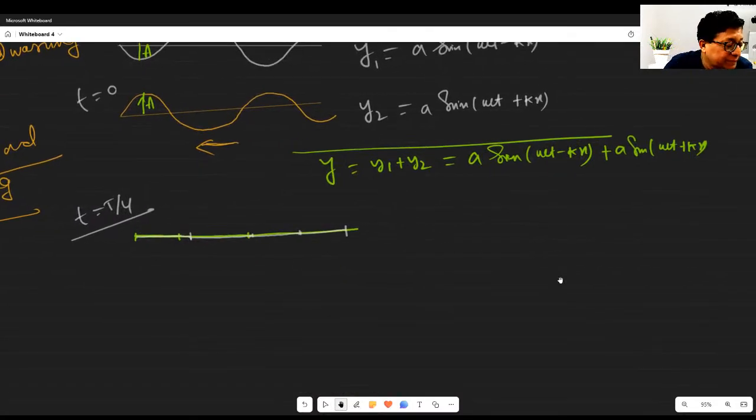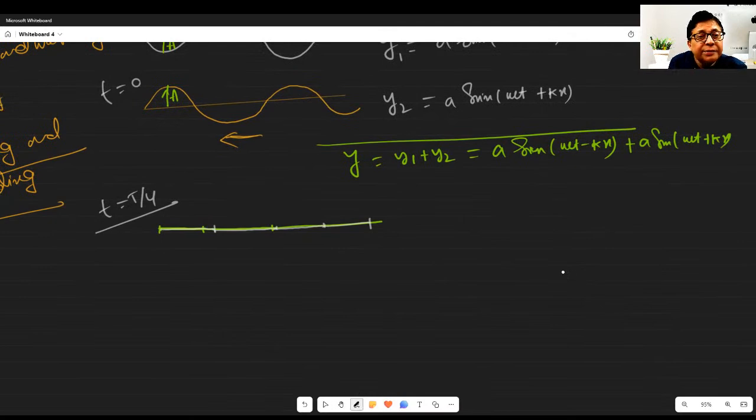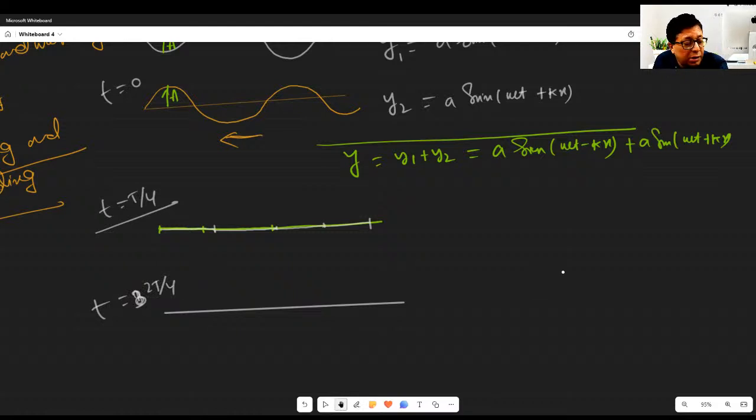Then what will happen? Then if you draw the resultant waveform, say at time t equal to 2T by 4, what will you observe? Achha, this you take t equal to 0.